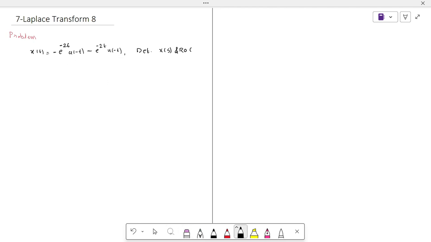So these two are left sided. So this is e^(-2t) and e^(-3t). For this x(t), the Laplace transform, we already know, equals 1 by s plus 2 plus 1 by s plus 3.